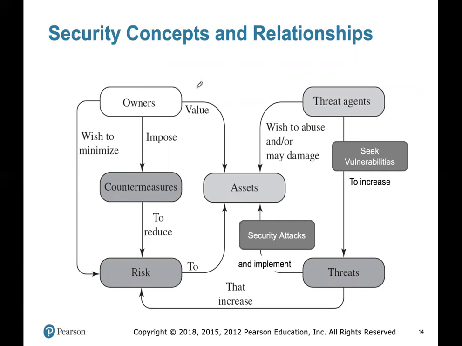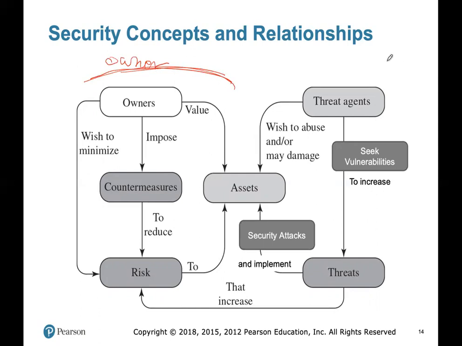Assets are important things to the owner. Of course, the owner, if he or she finds some vulnerabilities or some threats, may patch some countermeasure in order to reduce risks to these assets. This part is the owner's part.